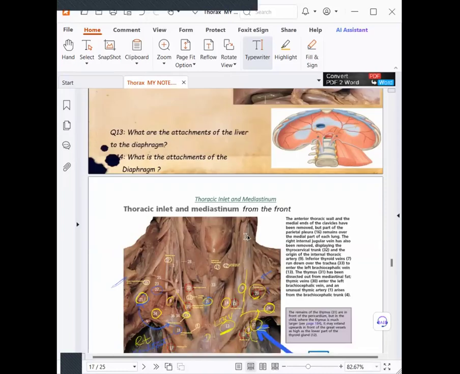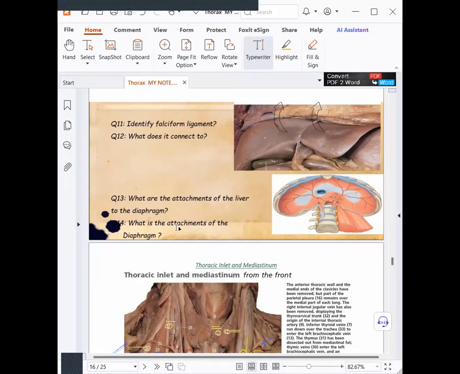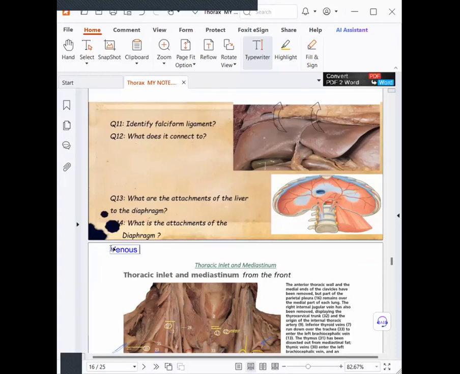That's all. These are the new questions. And then, the pulmonary trunk bifurcates at which level? We know this. Okay, there's another question. How to differentiate between the left and right lobes of the liver?